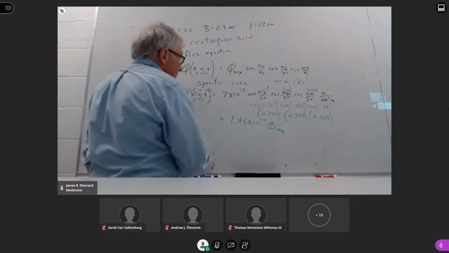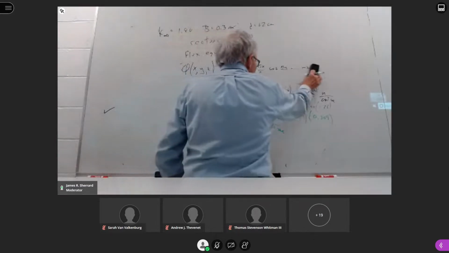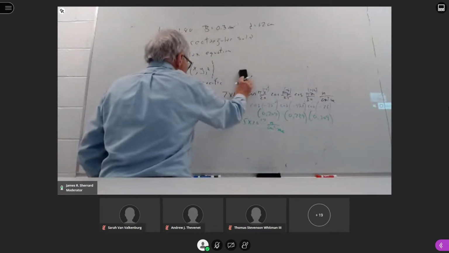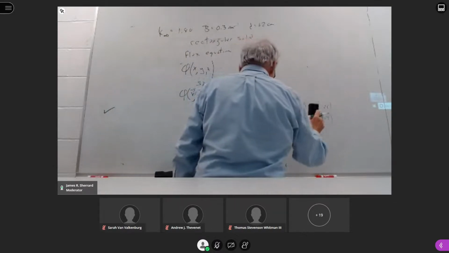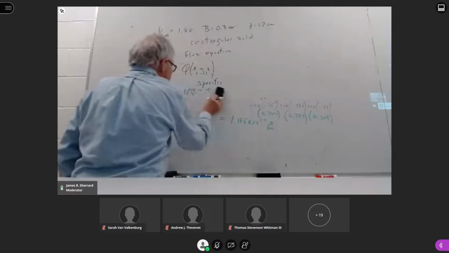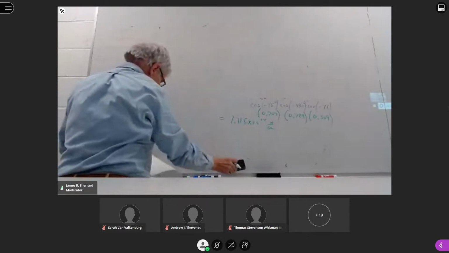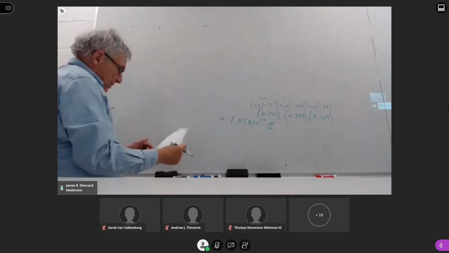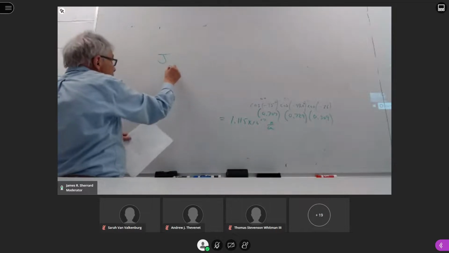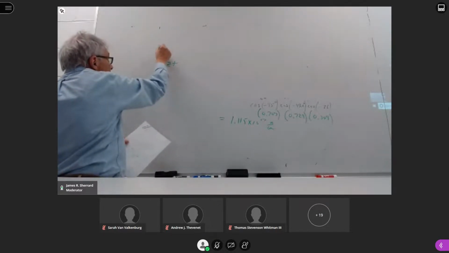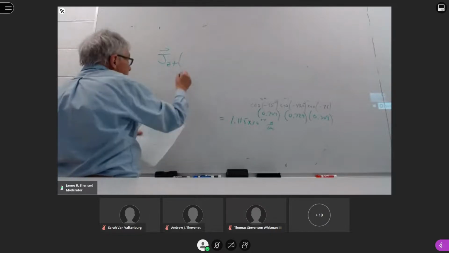Okay. I'm going to erase part of this. I want to save this part. And then I go back and ask you to find the neutron current density in the plus z direction at our point of interest.